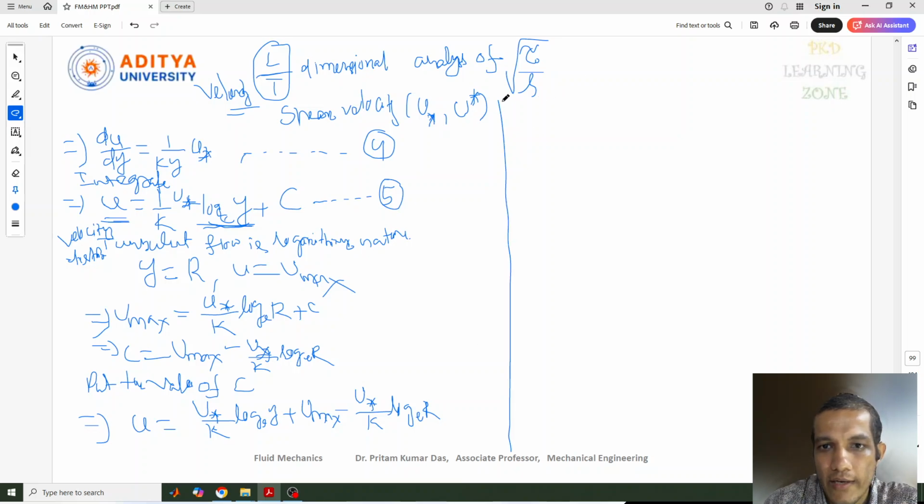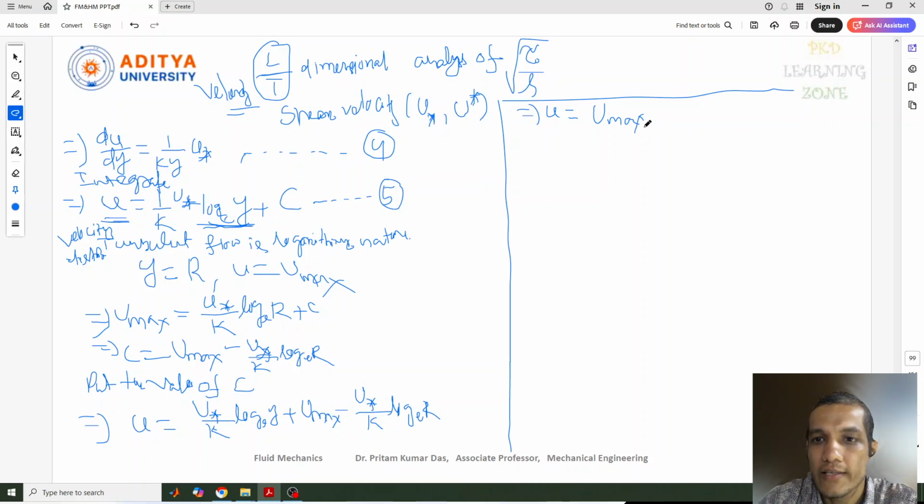Okay, now what I can write, we'll start from this U. So now we can write U equal to U max, and these two things, let's take it common here, and we can write U star by K. This one you can write log E Y minus log E R, correct?